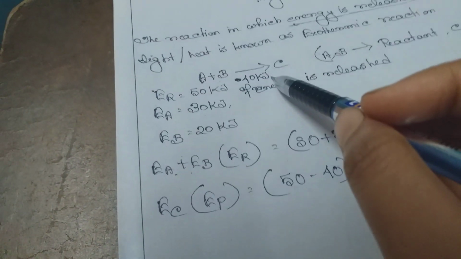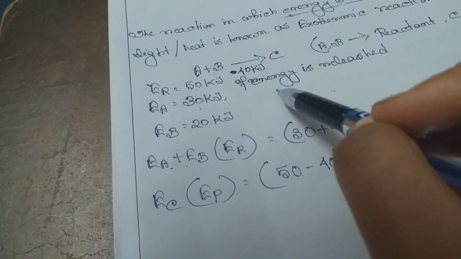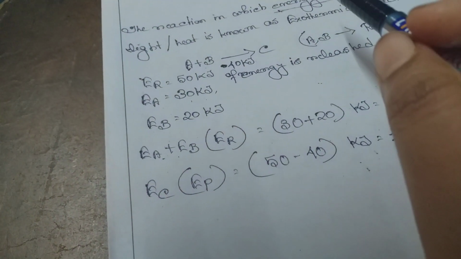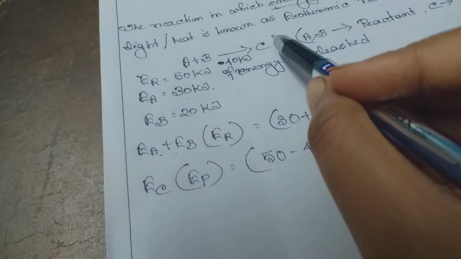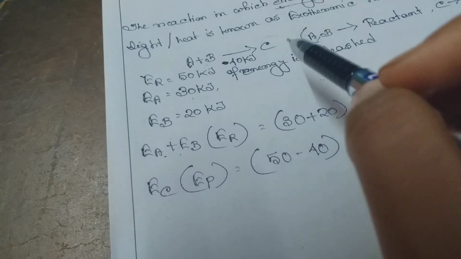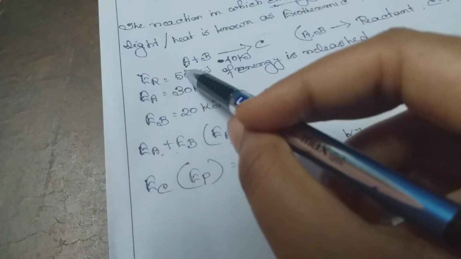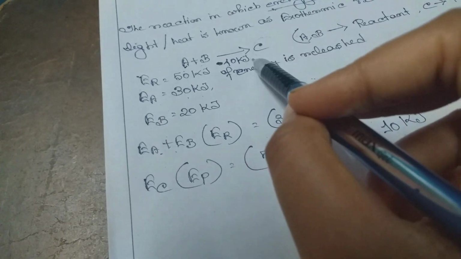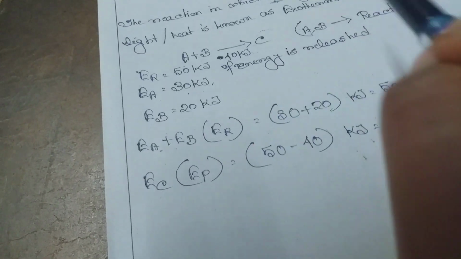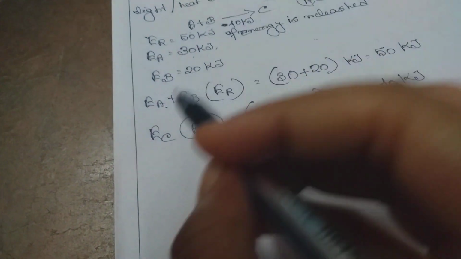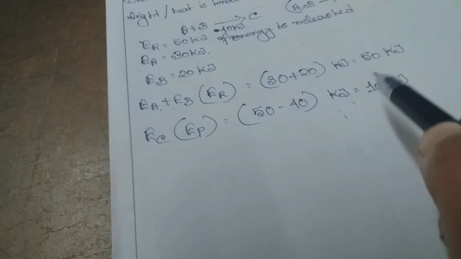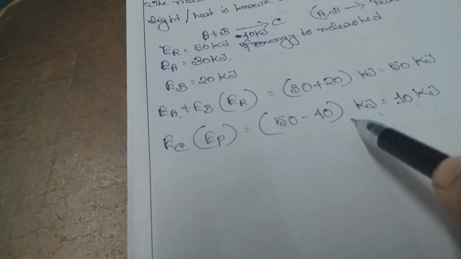During the progress of the reaction 40 kilojoule of energy is released. So the amount of energy of C, or energy of product, is equal to 10 kilojoule.